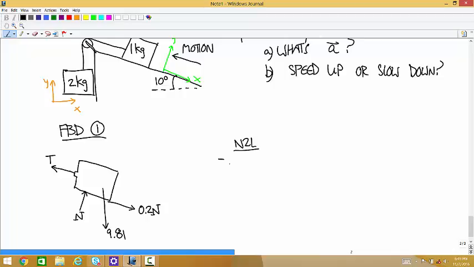So that's negative T, 0. That N always appears the same, just 0, N. The weight force, I'll get to that last. What direction is the friction force? Positive x. So 0.2 N, and then 0 for y.